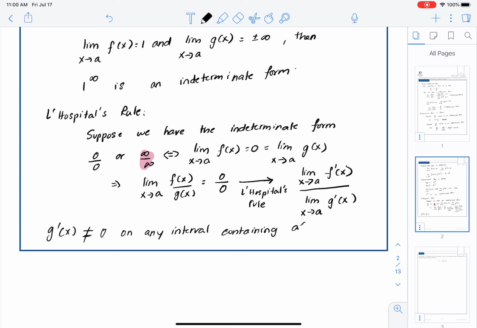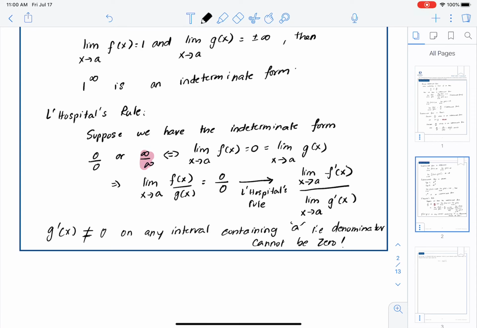In other words, the denominator cannot be 0. That is a requirement we have for L'Hopital's rule.